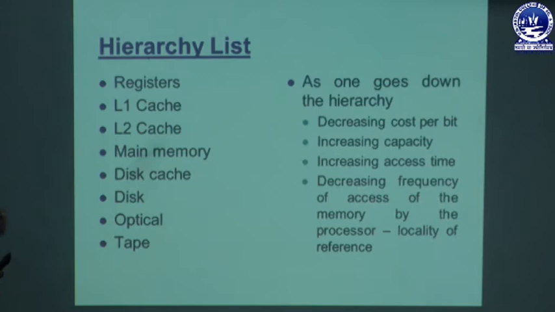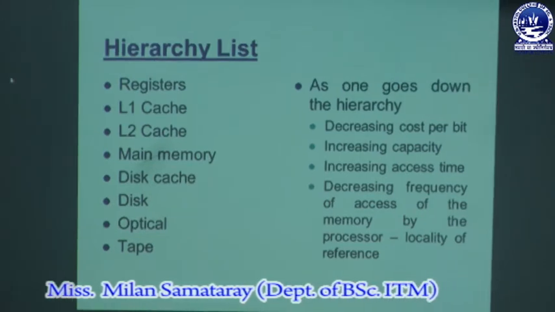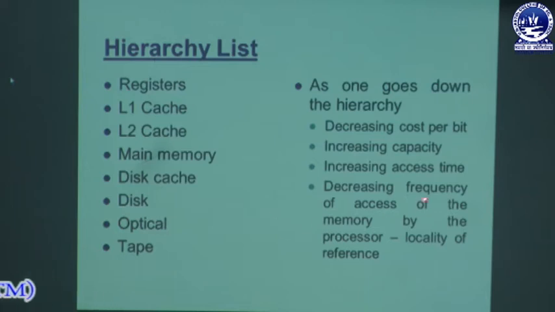So when we go down in the hierarchy, the capacity increases, then the accessing time increases, which I have discussed before, then the frequency of access of the memory by the processor decreases. That is our locality of reference. So the next point, decreasing frequency of access of the memory by the processor, is the concept of locality of reference, which I will discuss in the coming slides.